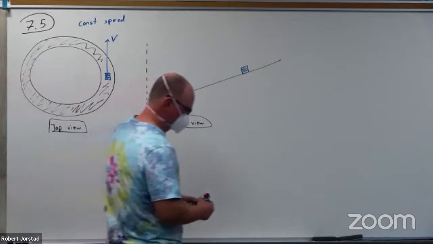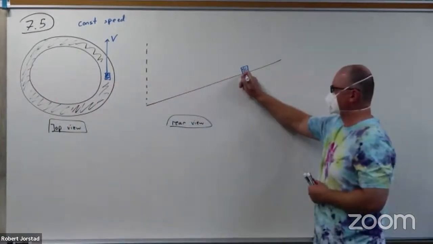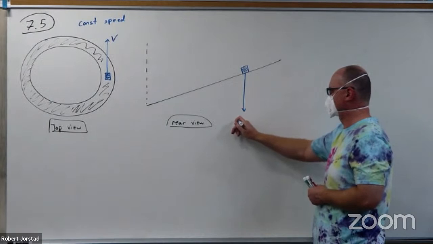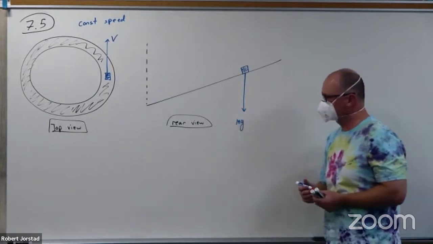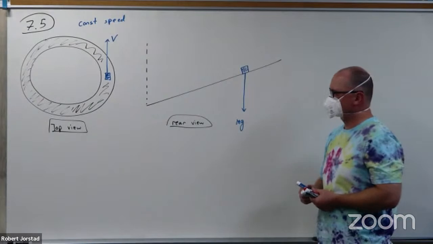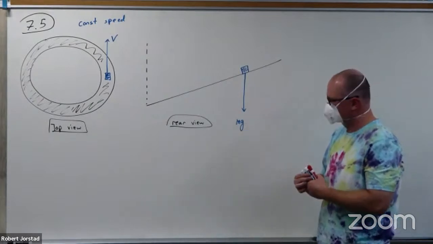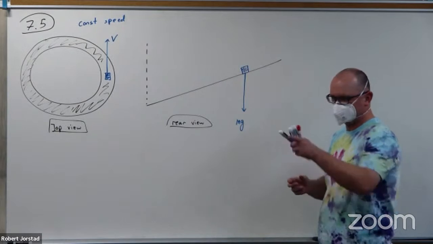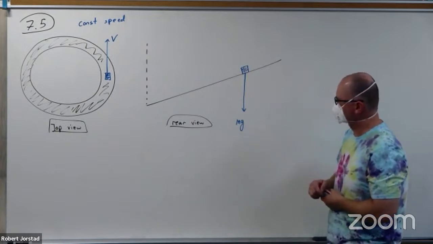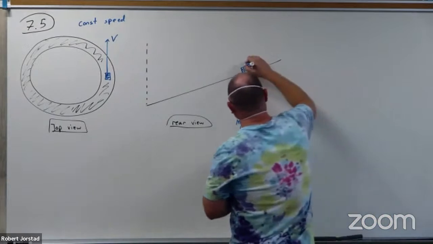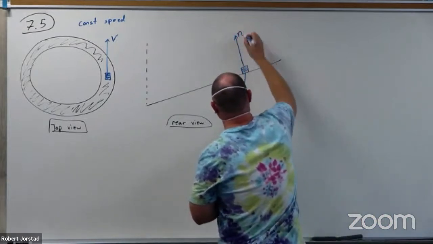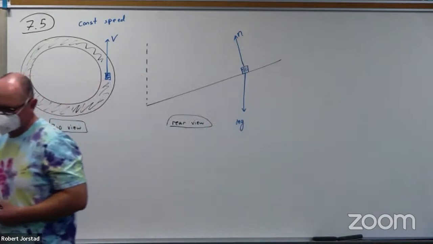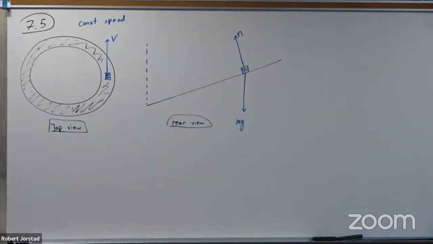I'll do mg this time. I took the easy one. Mg, that's a force acting on it. Any other forces? It's a car on a banked curve. Go ahead. Normal force, yes. Sorry, let me give you a second to read it. My bad. Okay, you got a car. It's on a banked curve. It's angled. It's driving at the maximum speed possible without sliding to the outside of the track.